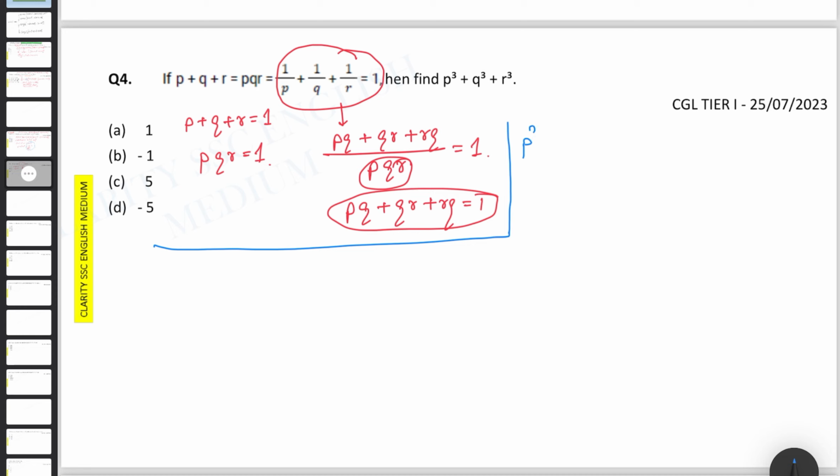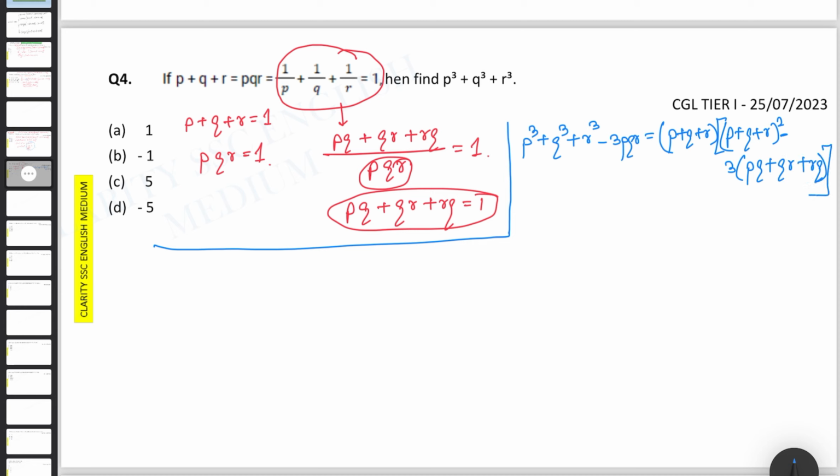The formula for p cube plus q cube plus r cube minus thrice pqr is equal to (p plus q plus r) times ((p plus q plus r) whole square minus thrice (pq plus qr plus rp)).